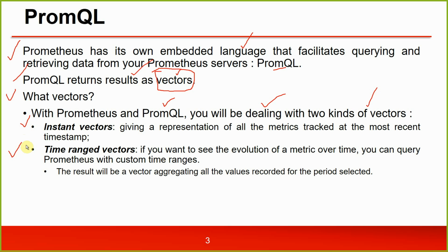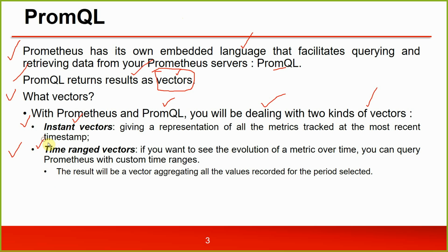Instant vectors will give you a representation of all the metrics tracked at the most recent timestamp, meaning at any one point in time, as of now, as of 5 minutes back, as of this time. That is instant, one value.